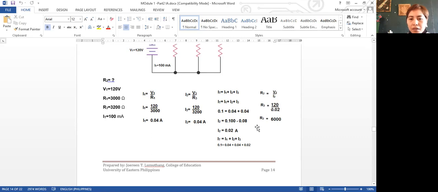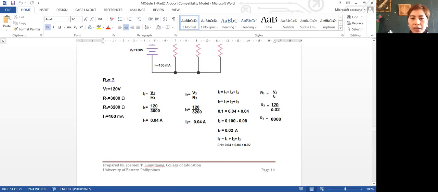It's because this has been converted already to ampere. 100 milli is 10 raised to negative 3. So that's why 100 milliampere is equivalent now to 0.1 ampere.